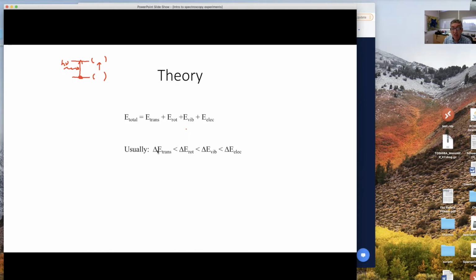And what we find is that the spacing of translational levels is much smaller than rotational levels. In fact, the translational ones are practically a continuum. And then vibrational are spaced more widely apart and electronic most widely apart. In this particular experiment, we will not resolve translational or rotational levels, but we will resolve both vibrational and electronic.